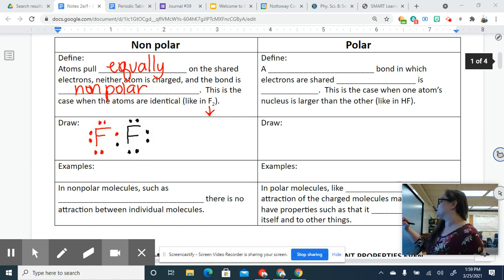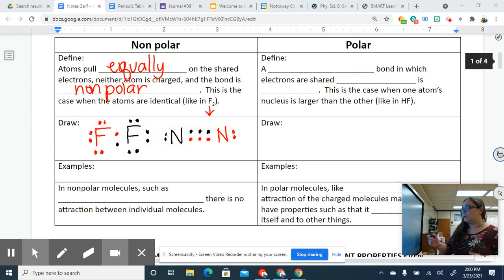It's the same thing that happens with our nitrogen. We had nitrogen with a triple bond, sharing 1, 2, 3, and then the other nitrogen, keeping 2, and then sharing 1, 2, 3. Neither one of those nitrogens is any closer to those shared electrons than the other. So it is a nonpolar bond.